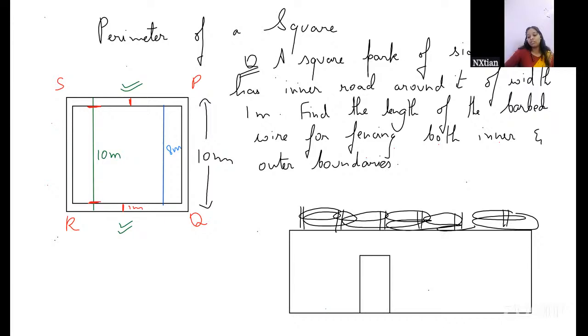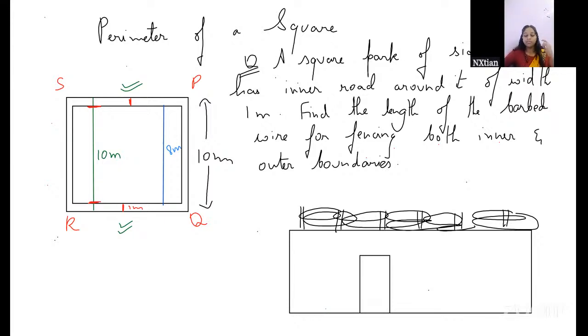So that is one thing. Now coming back to the question. We are given the length of the outside boundary, which is 10 meter. And inside the square, a road of 1 meter width is there.